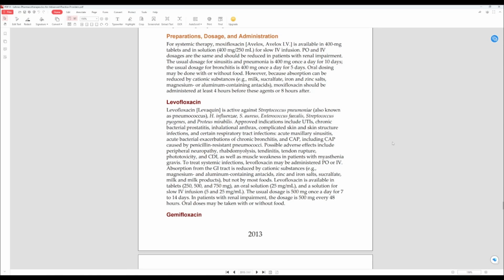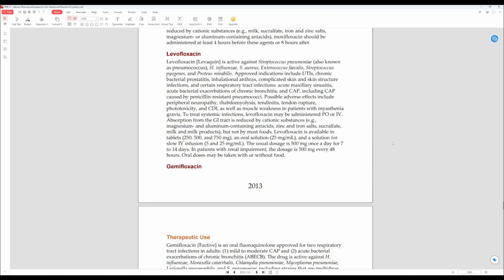The usual dosage for sinusitis and pneumonia is 400 milligrams once a day for 10 days, and the usual dosage for bronchitis is 400 milligrams once a day for 5 days. Oral dosing may be done with or without food. However, because absorption can be reduced, again by those cationic substances, moxifloxacin should be administered at least 4 hours before these agents or 8 hours thereafter.